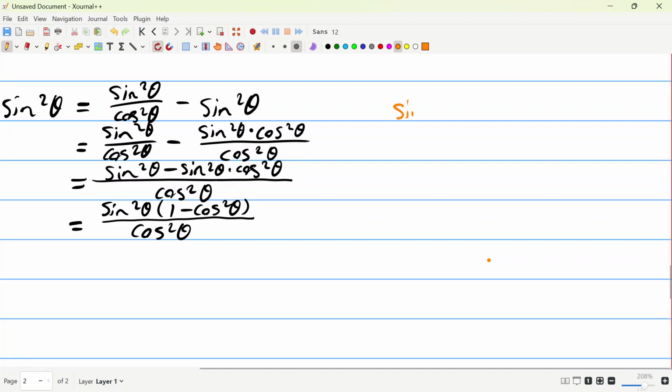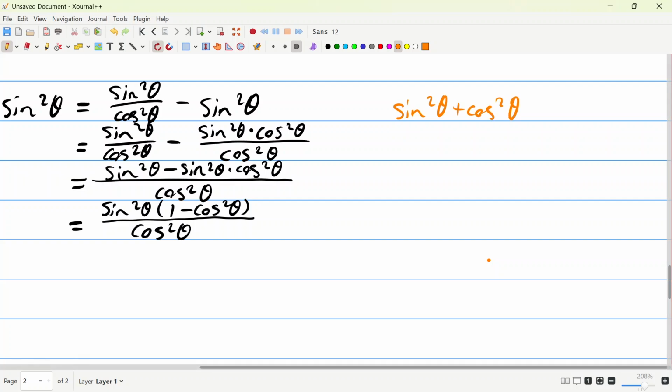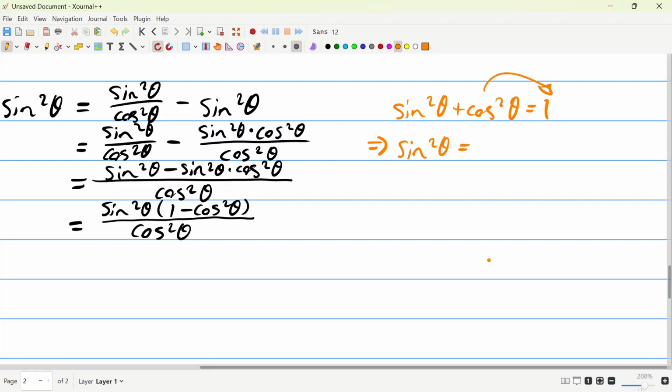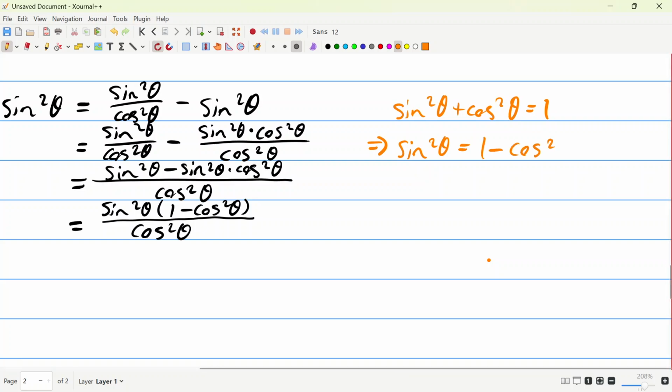as the identity that says sine squared theta plus cos squared theta is equal to 1, right? However, there's two ways we can also rewrite this, where we express it as sine squared theta and take cos squared theta on the other side, such that we have 1 minus cos squared theta, and the other version where we can take sine squared theta over, where we have cos squared theta is equal to 1 minus sine squared theta.